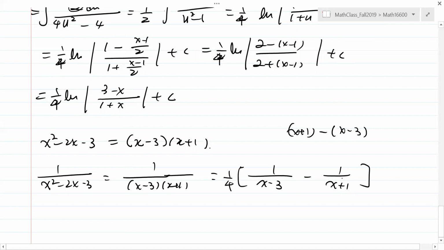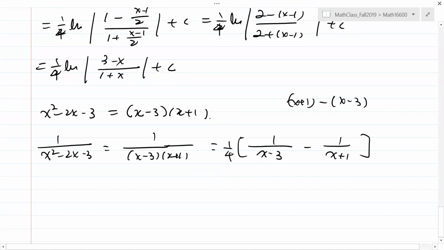This is how you quickly decompose it into the sum of two reciprocals of linear functions. First of all, you think it can be written as a difference of two terms, then you combine them together. There's a 4 in the numerator, so I have to divide by 4 in order to make them equal.